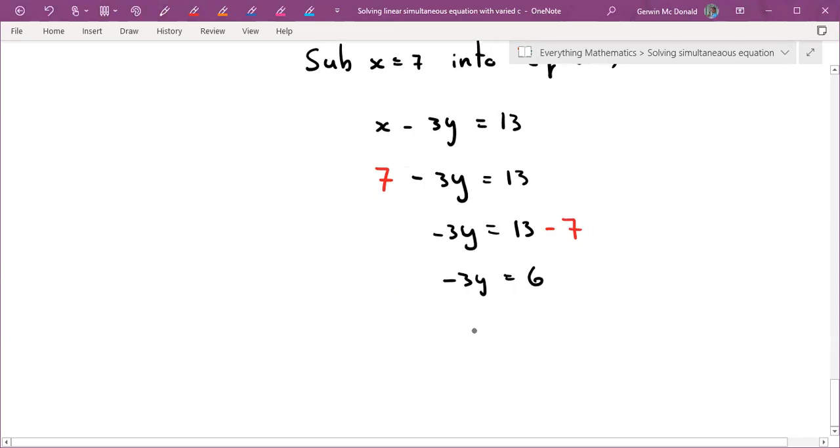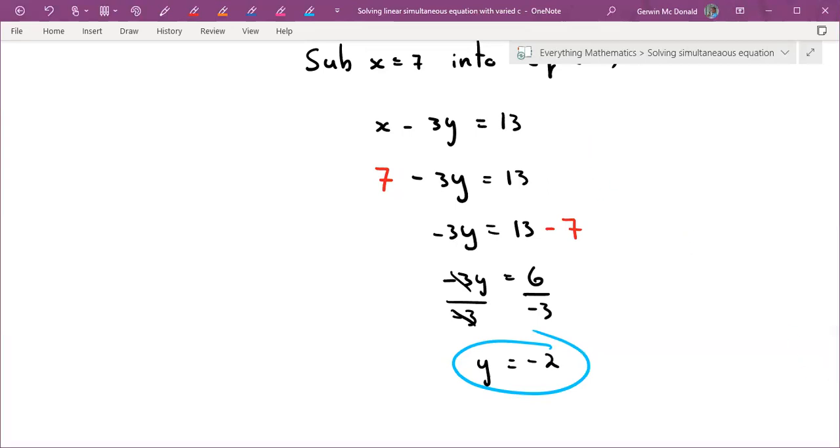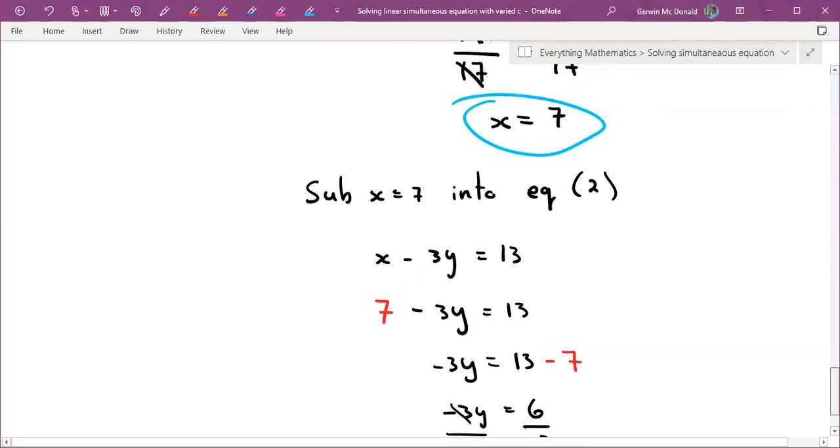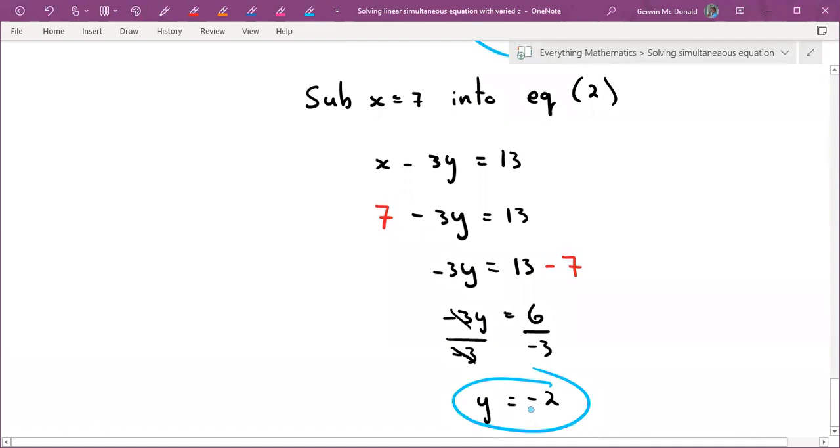And at the end of the day, divided by negative 3, divided by negative 3, negative 3 cancels negative 3. So y will be equal to negative 2. Yeah, and that will be our answer here for y, and our x when y is equal to negative 2 is this one here, negative 3. I mean, x is 7. So when x is 7, y is negative 2.